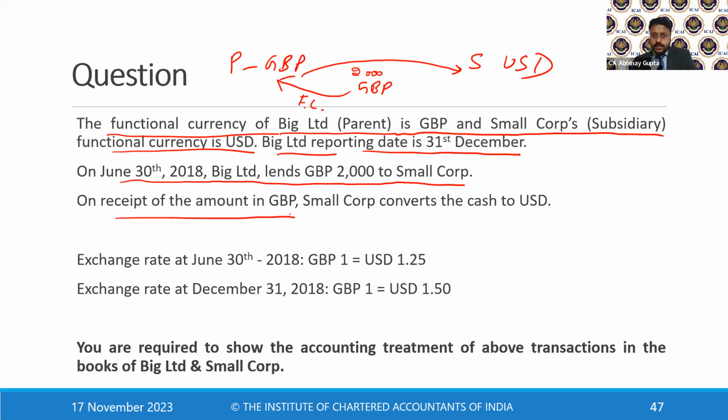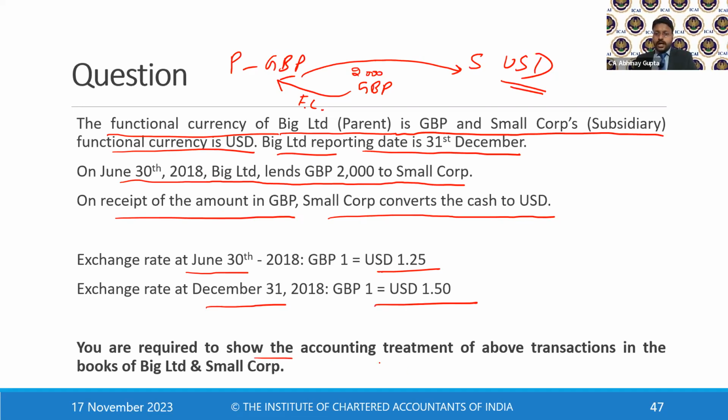On receipt of the amount in GBP, Small Corp converts the cash to US dollar. After receiving this loan, the subsidiary company converted it into USD because ultimately they need USD only, since their functional currency is USD. Now, the exchange rate on 30th June, the date of transaction, and year end, 31st December, is given.